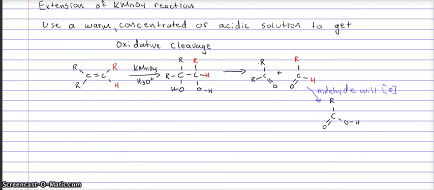Now there is an extension of the potassium permanganate reaction. I wrote it out here. You can heat up the solution so you can have a warm, concentrated, or add in acid, and you'll ultimately get oxidative cleavage, where we're going to break apart this carbon-carbon bond, and we'll get an oxidation to occur.